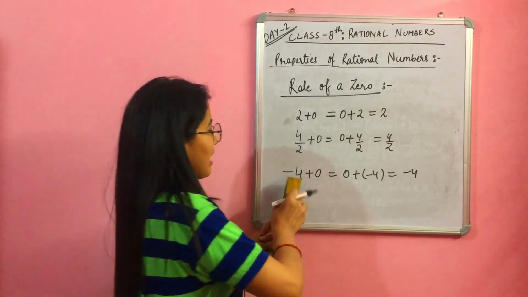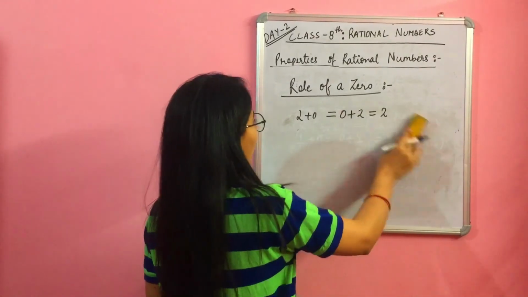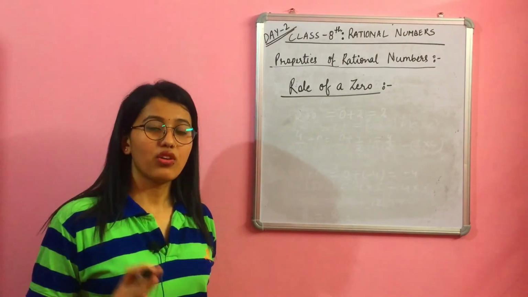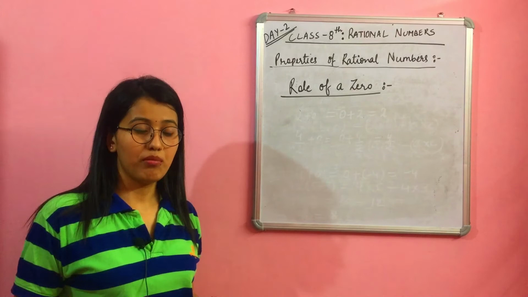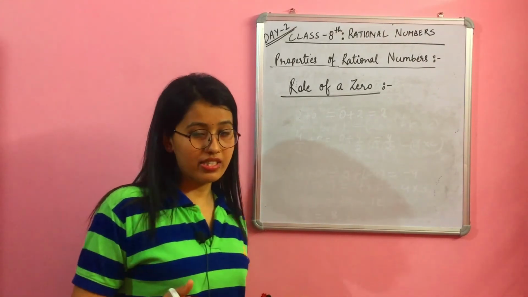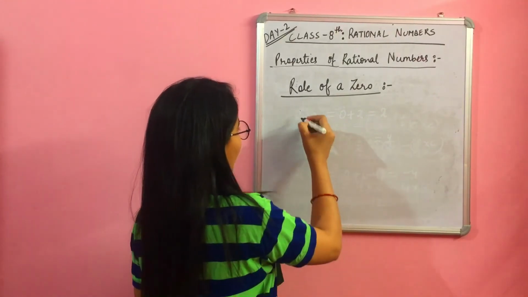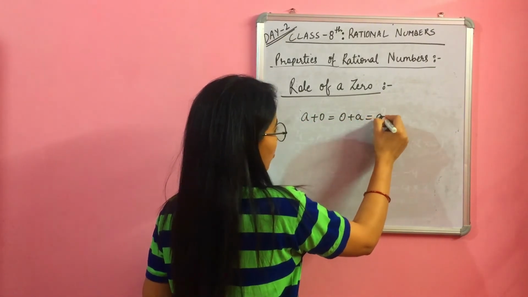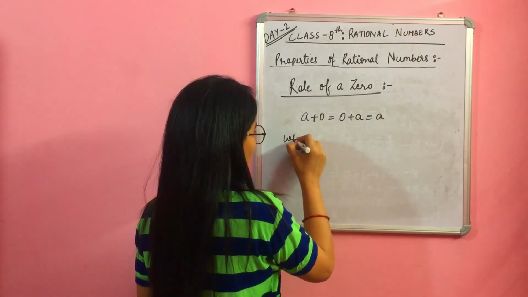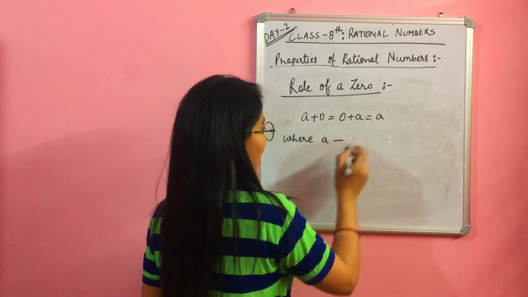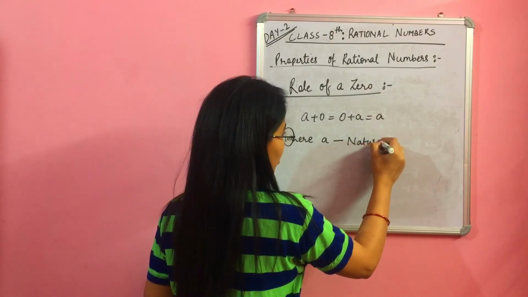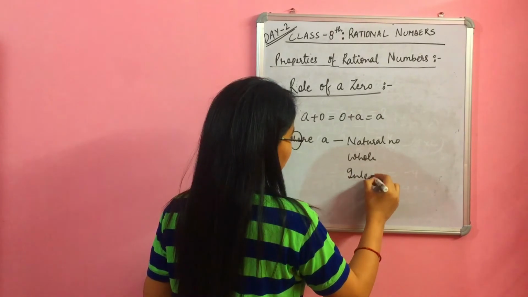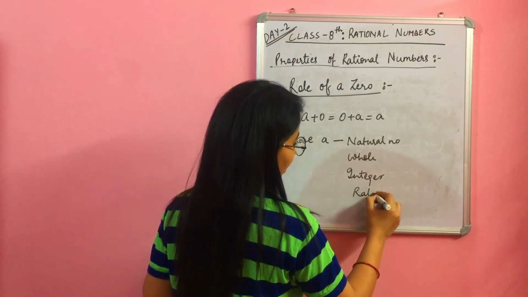So what we can conclude here is that whenever we add 0 to any natural number, integer, rational number or whole number, it will give you the number itself. So I can write a plus 0 is equal to 0 plus a is equal to a, where this a can be a natural number, whole number, integer or rational number.